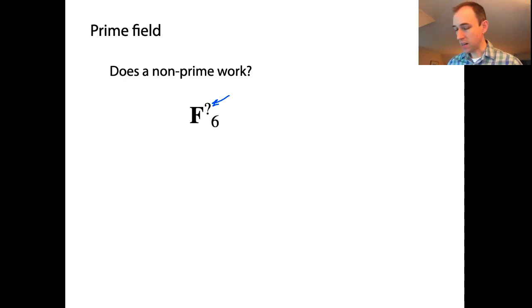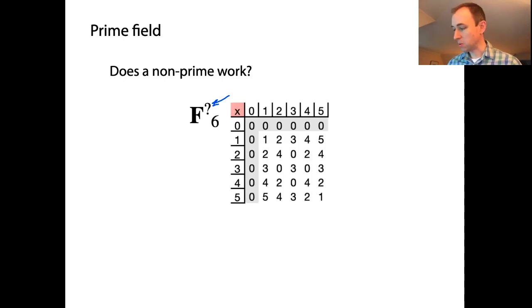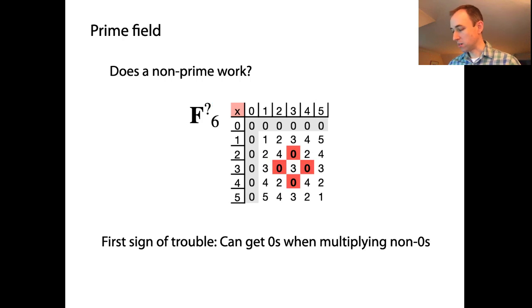Well, let's define the multiplication table that we would like to use, where again, we're doing normal multiplication, but then taking the result modulo 6. And some interesting things are apparent here that weren't the case for the F sub 5 table. So the first sign of some sort of trouble here is that we can get zeros.